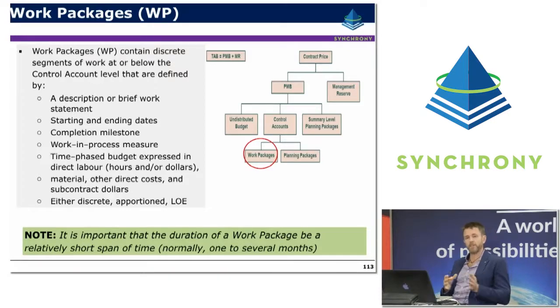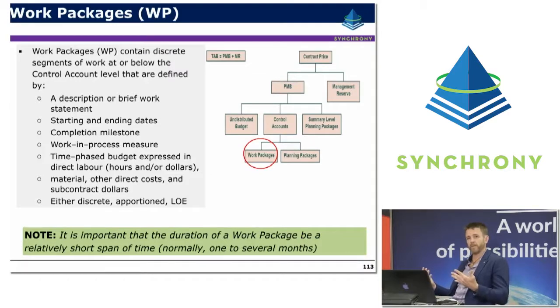They'll have a method of measurement for work in progress, and a time phased budget that can be expressed in direct labour hours or dollars. They may be made up of material costs, other direct cost or subcontract dollars, typically one, not a mixture. They can have an earned value measurement technique that might be discrete, so there might be a defined method for measuring percent complete, or it could be a level of effort type.